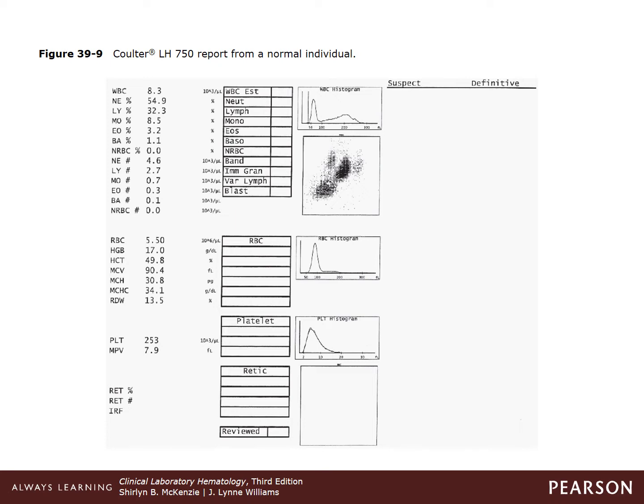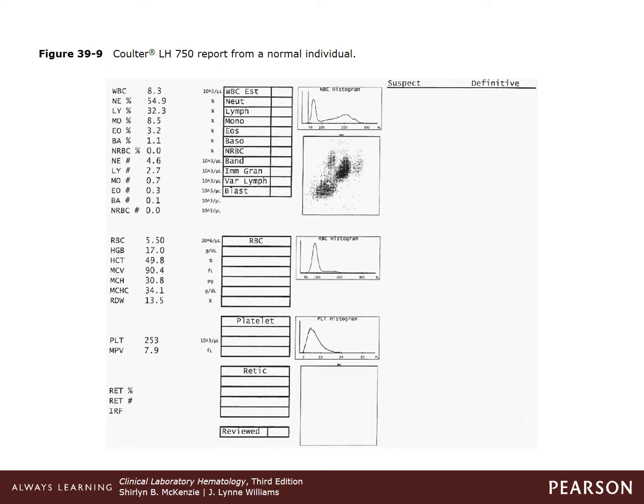Okay. Now it will also do a nucleated red blood cell percentage. As these nucleated cells, the machine thinks it is a lymphocyte. But on the scattergram, you can see that it is very small in size and complexity, so you can easily see that there is some kind of abnormality within the scatter plot, and you will see nucleated red blood cells in your differential when you're looking at your slide.